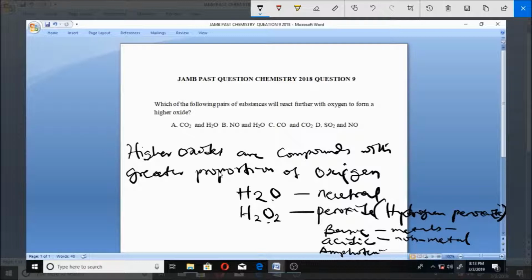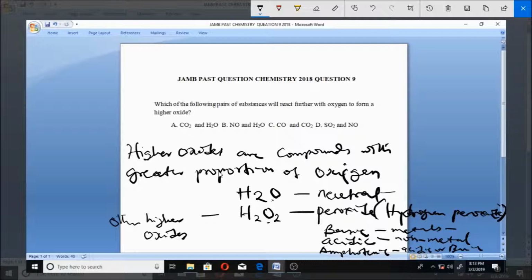You need to know about this as well. These amphoteric oxides can behave as acidic oxide or basic oxide, whereas neutral oxide like H2O we have. But we also have hydrogen peroxides, and we have other higher oxides. So you need to take note of all these types of oxides.